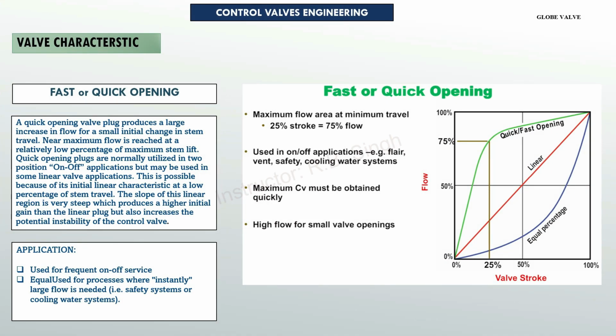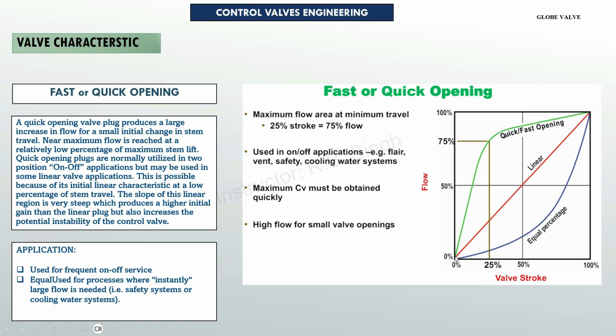So the fast or quick opening. There are many applications in the process industry where we require fast or quick opening. So first let's see how the fast opening characteristic works. See this graph, flow versus valve stroke, or you can say valve opening.